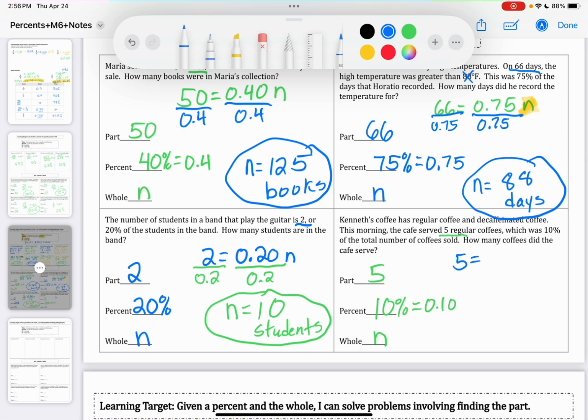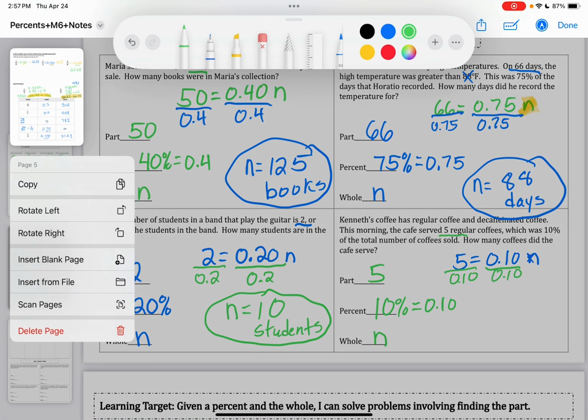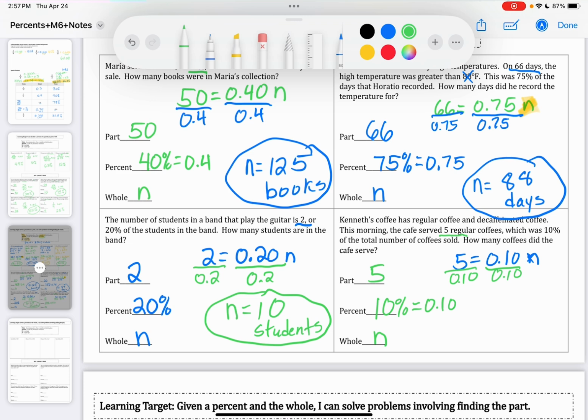Part equals the percent times the whole. We'll put n. Divide both sides by 0.10. So 5 divided by 0.1 is 50. So 50 coffees.